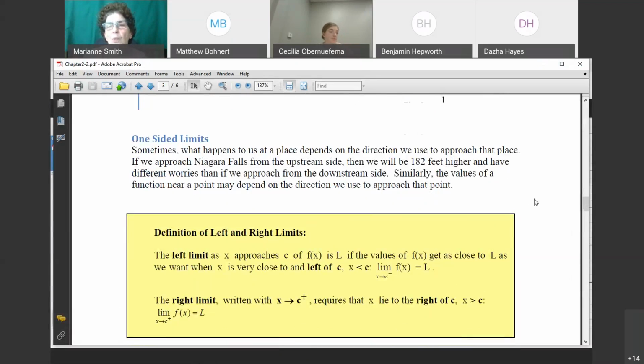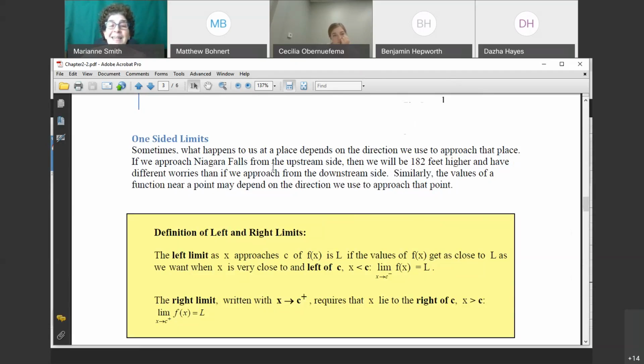These are called one-sided limits. A left-hand limit if you're approaching from the negative side, and a right-hand limit if you're approaching from the positive side. And here's the example they use to motivate the discussion: what happens to us at a place depends on the direction we use to approach the place.